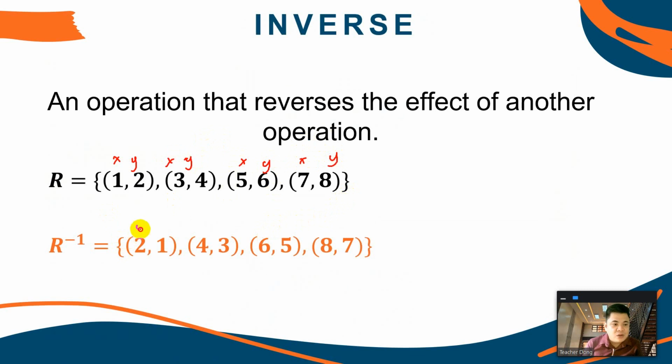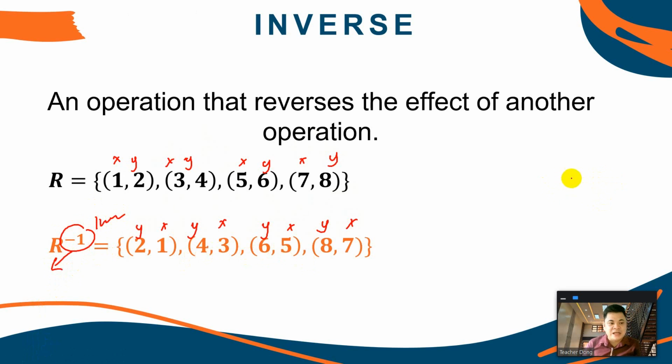So it's now yx, yx, yx, yx. How are you going to read it? It is read as inverse of r. Inverse of r will be 2, 1, 4, 3, 6, 5, 8, 7.